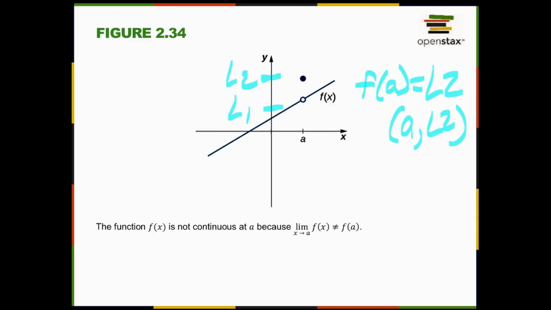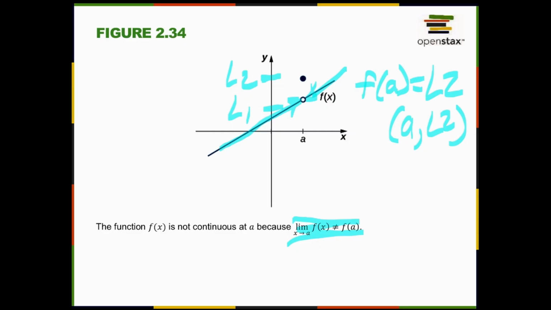Now if I look at this, coming in from the left and coming in from the right, if I trace this function, the limit from the left and the limit from the right both equal L1. So the second condition is now met. But what makes this now discontinuous is that the value of the function is not equal to the two-sided limit.